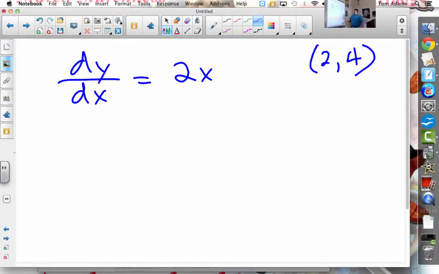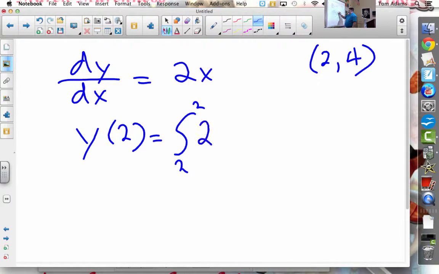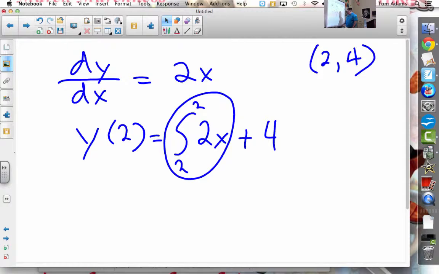Now, if we use that same approach, we would say that y of 2 is equal to the integral from 2 to 2, because when the upper and lower limit are the same value, the area under the curve is 0, right? We should put a dx in there if we want, okay?